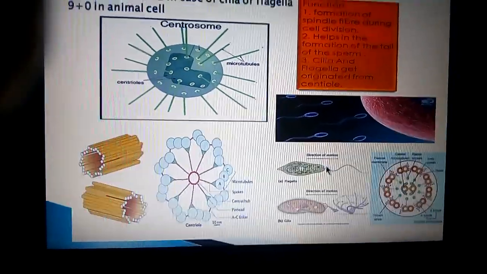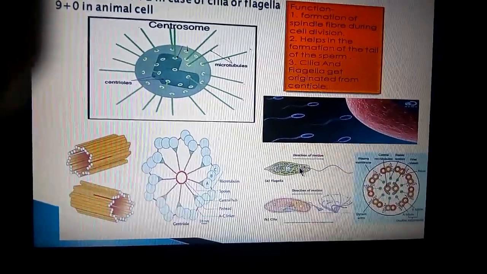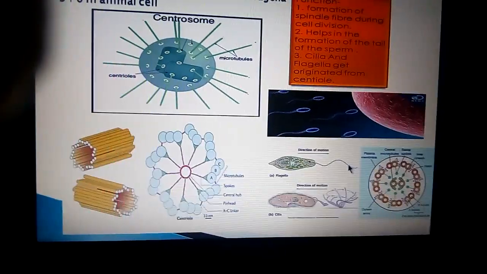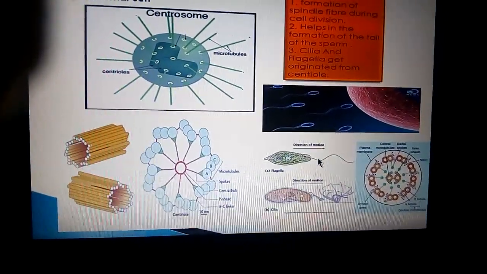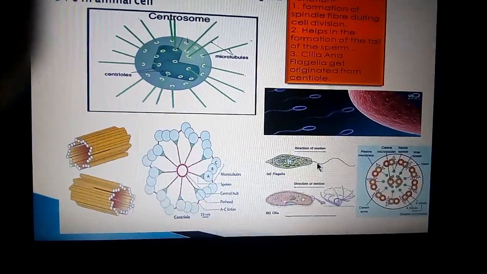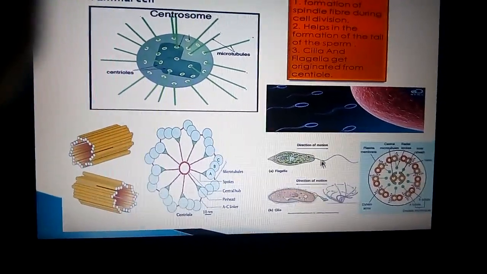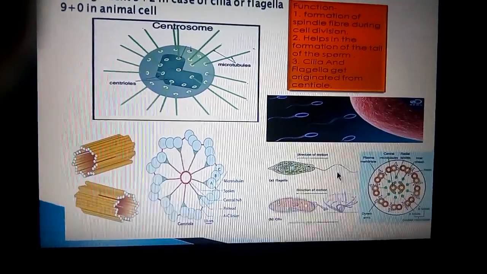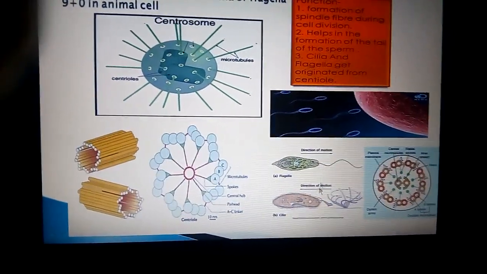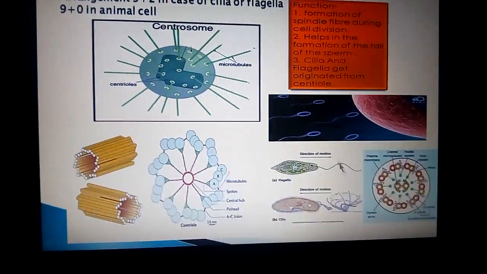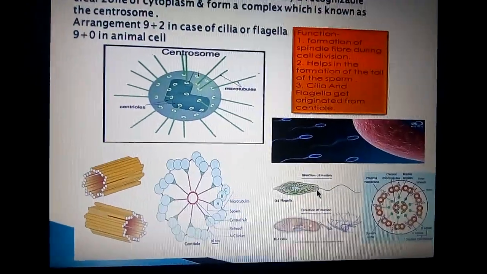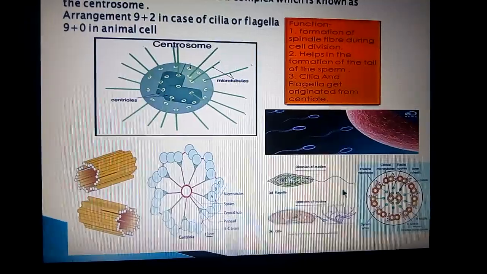And here is the locomotory organ of Euglena. It is one in number. This part is known as flagella. By the movement of this locomotory organ, they move from one place to another.